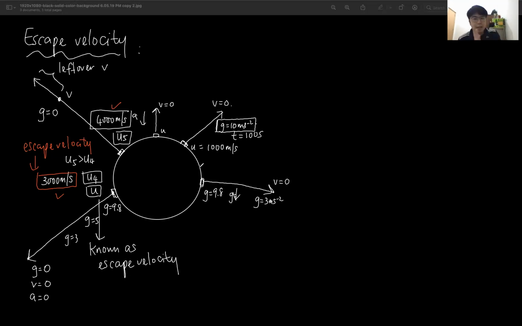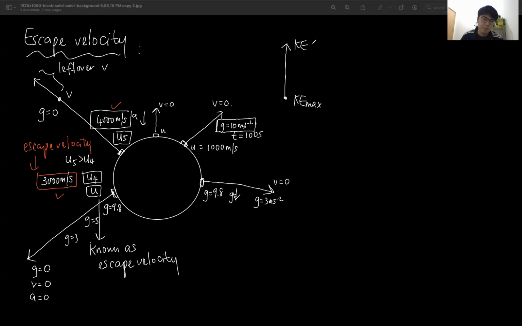And we can actually calculate this escape velocity. How do you calculate it? That's why we learn the gravitational potential. We are going to use energy to calculate this escape velocity. Very simple. When we launch something, what happens to the KE? KE is maximum at the bottom.